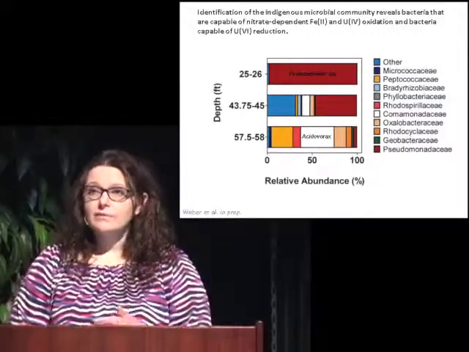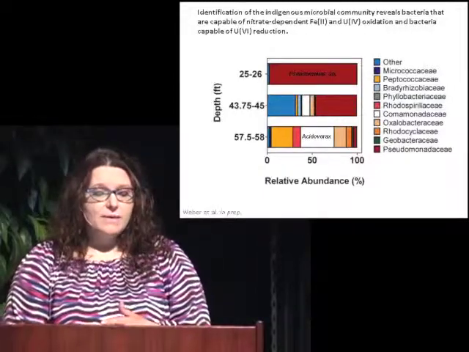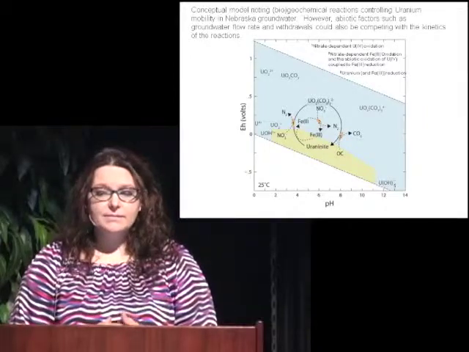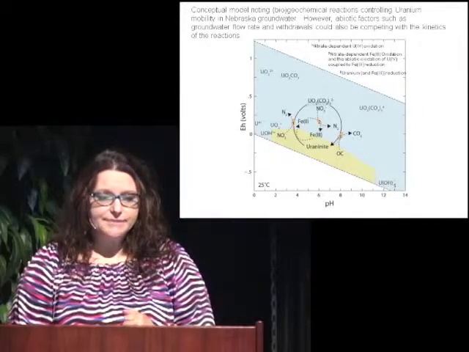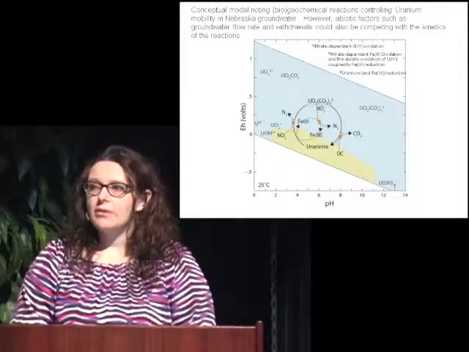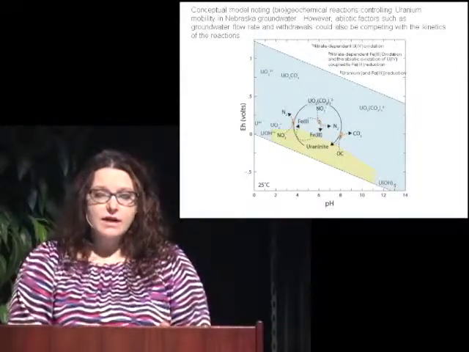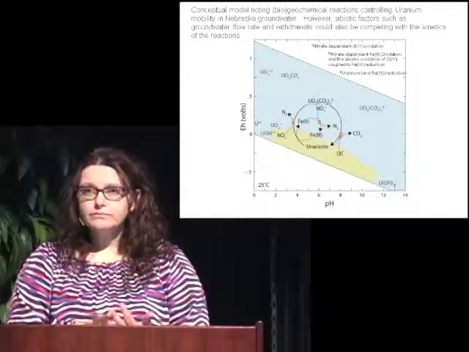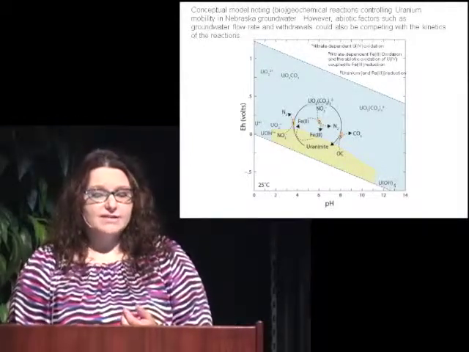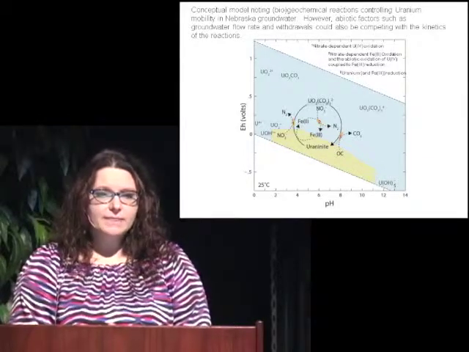And so we know that potentially these organisms can be playing this role in oxidizing uranium in this reduced environment. So we know the conditions are present, and we know that there are microbiota that are abundant, as well as members of microbial communities that are physiologically capable of oxidizing the reduced uranium.